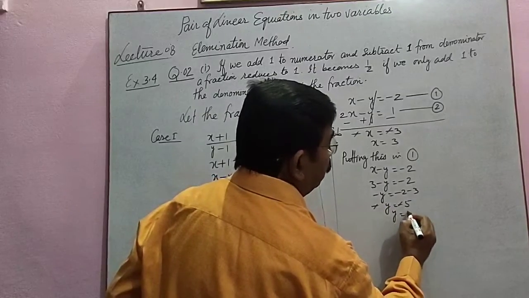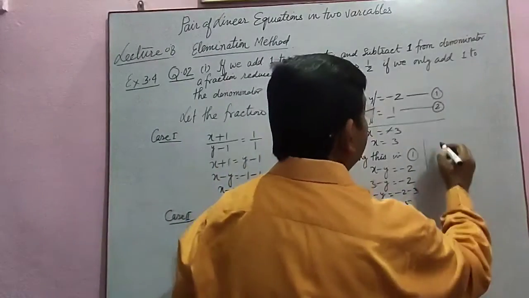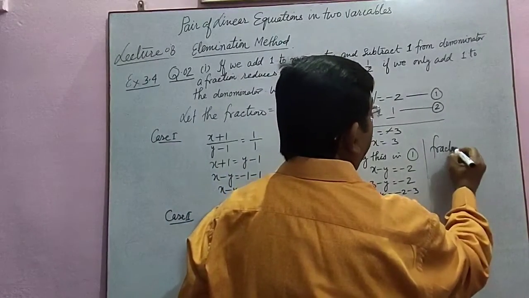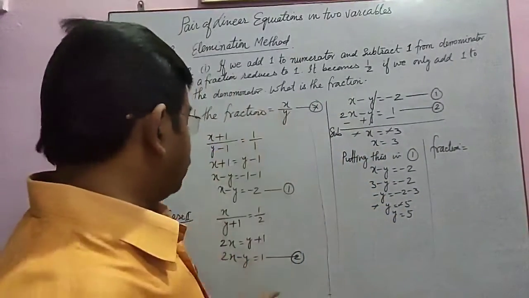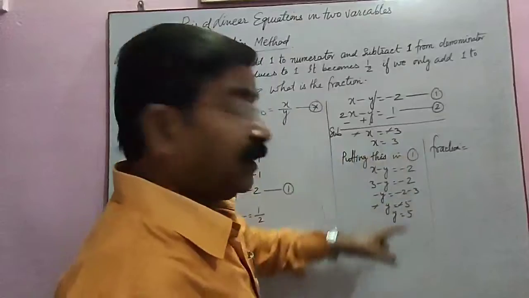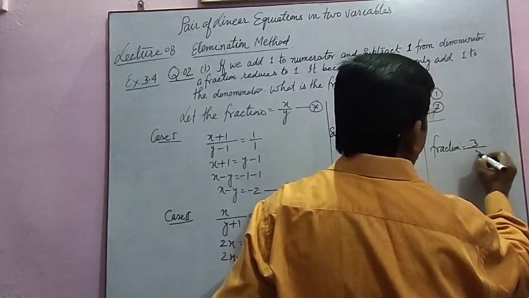So y is equal to 5. Now the fraction is x upon y. In place of x we have to put 3 and in place of y we have to put 5. This is 3 upon 5.